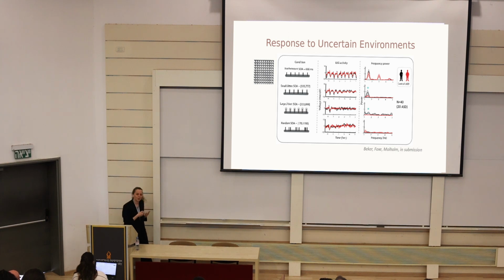But in the semi-periodic, where there was some noise, they needed to do some averaging or some prediction, and only the control participants could do it. It wasn't the case for the ASD.